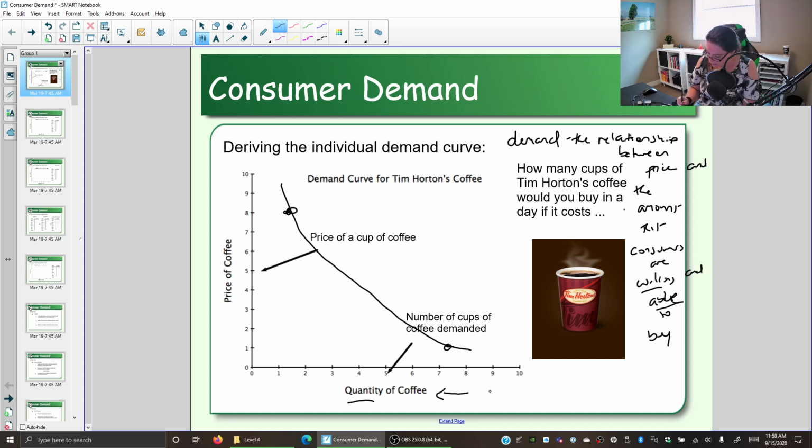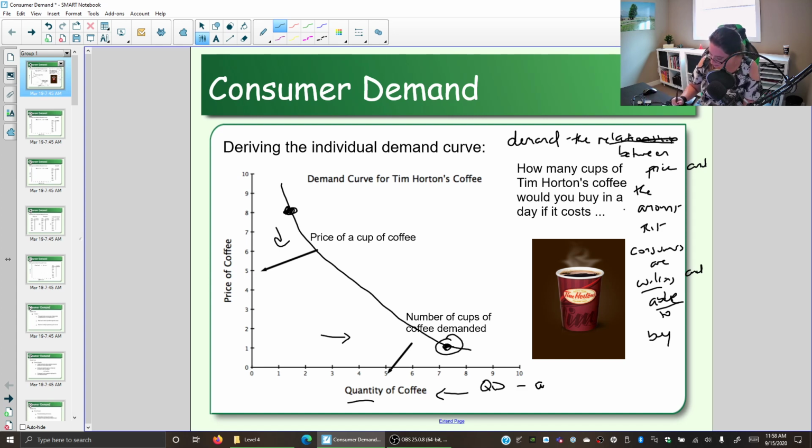So we really need to be clear on the difference between a change in demand and a change in quantity demanded. So when you change price, like when we drop the price here, it does not change demand, it changes quantity demanded, because demand itself is this whole relationship.